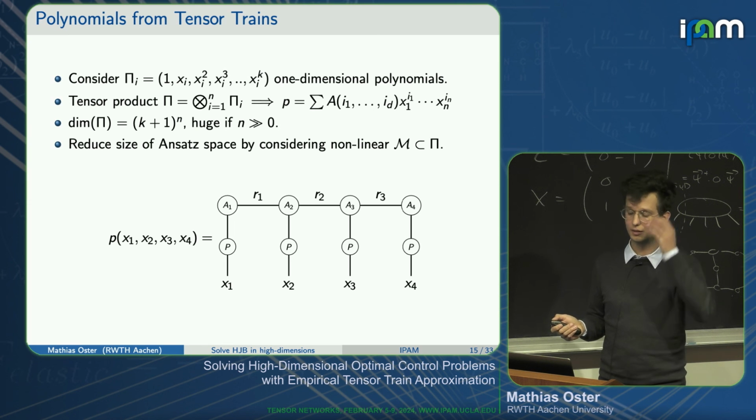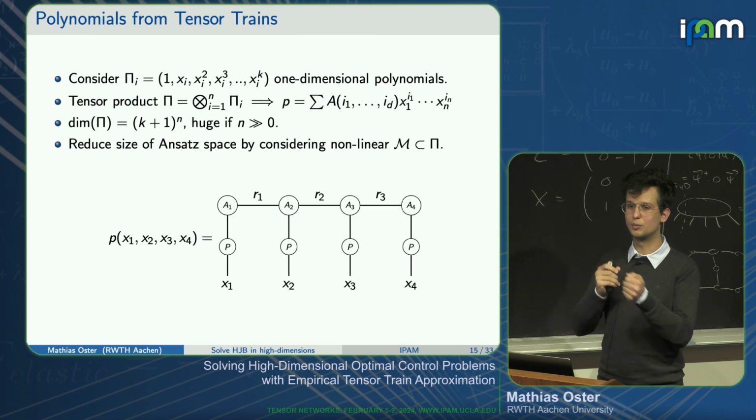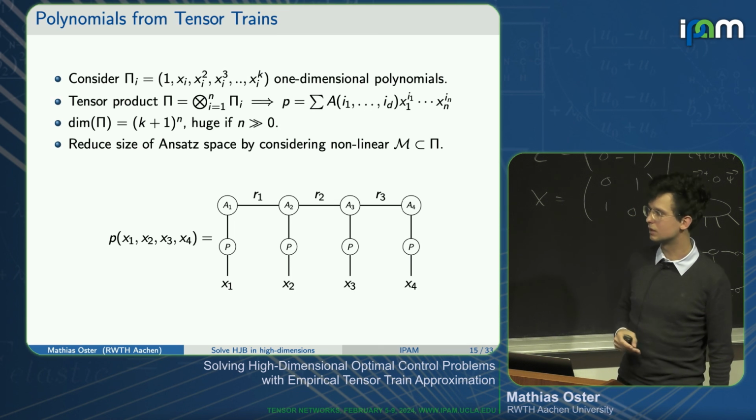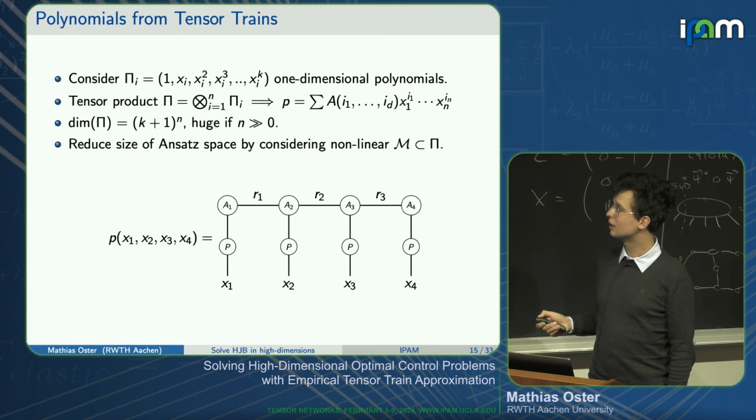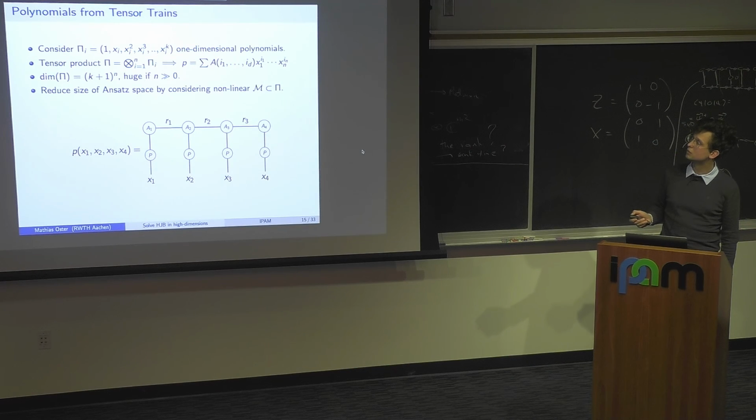In the end, you just look at the products of all possible combinations of basis functions from each variable. And this will give you a basis in the multivariate setting. And then you can expand polynomials by saying that you have some coefficient tensors and the monomials in each variable. So there's I1 up to ID and I1 up to IN? Oh, sorry, yeah, this is a typo. This should be an N.